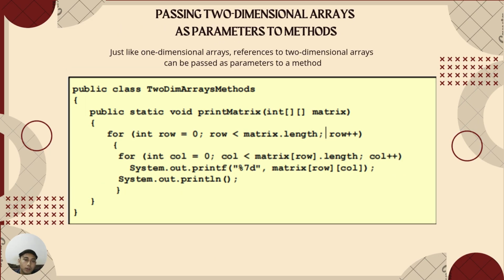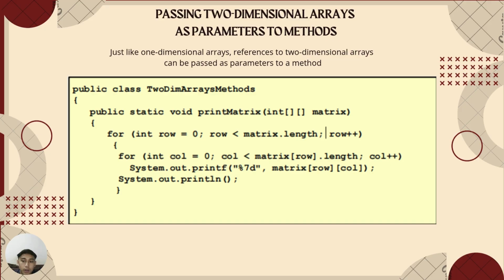Next is passing a two-dimensional array as a parameter to a method. Just like one-dimensional arrays, a reference to a two-dimensional array can be passed as a parameter to a method. When we pass an array, Java passes its reference, not a copy. That means the method can access or even change the original array.